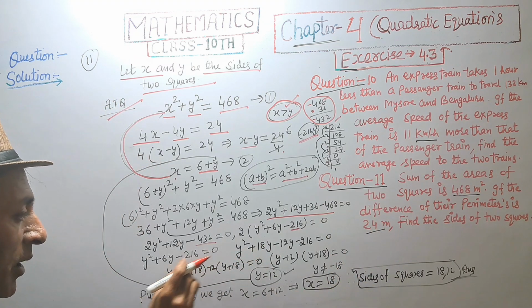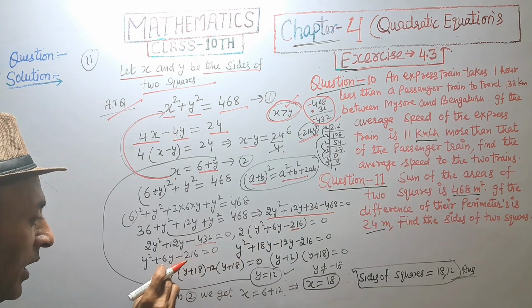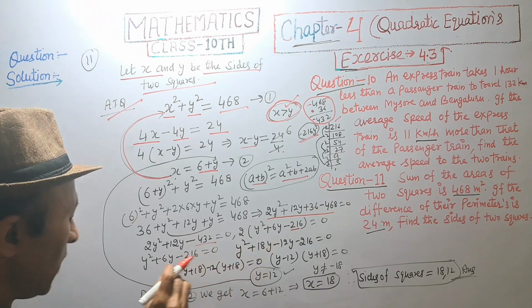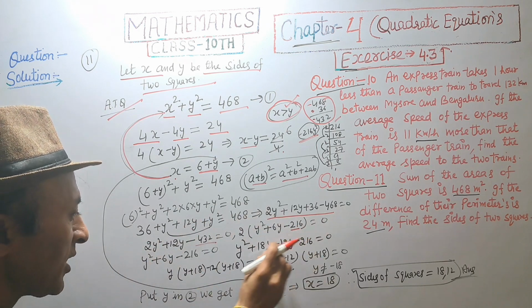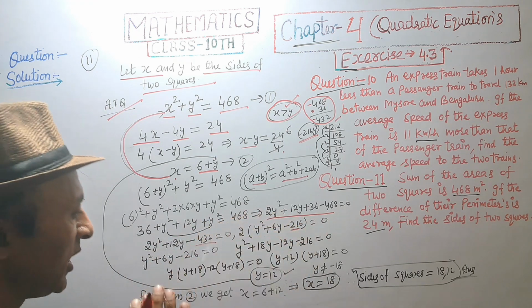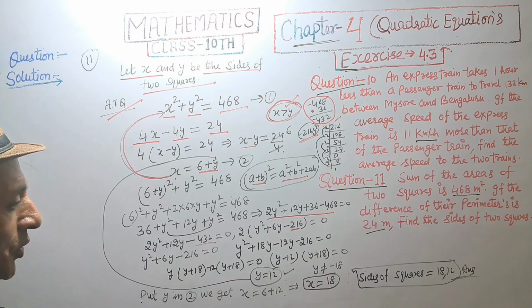We are taking common y, and in the bracket y + 18 minus 12, taking common y + 18 in the bracket, that will be 0.